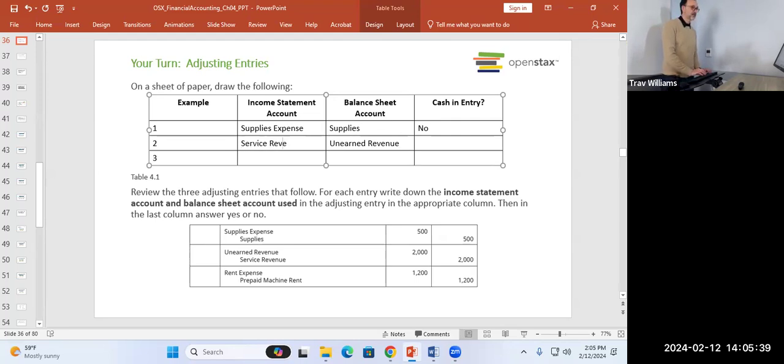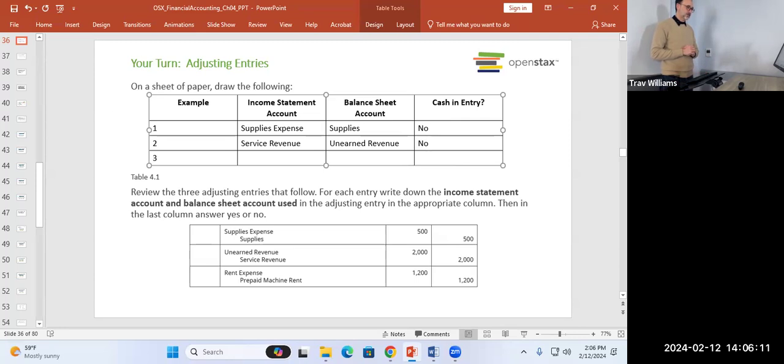That is an income statement account. Was there any cash in this transaction where we converted unearned revenue into service revenue? Nope. It just means we did the work. Again, the payment happened previously in the previous transaction when the customer paid us and we hadn't done the work yet. That's when the cash changed hands, but not in this transaction.